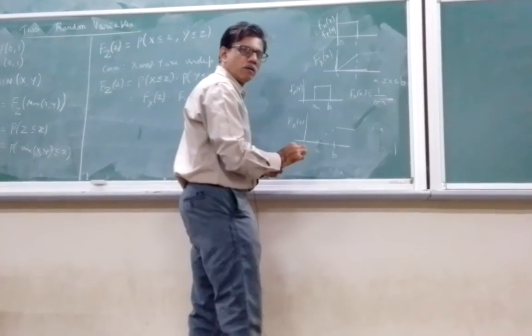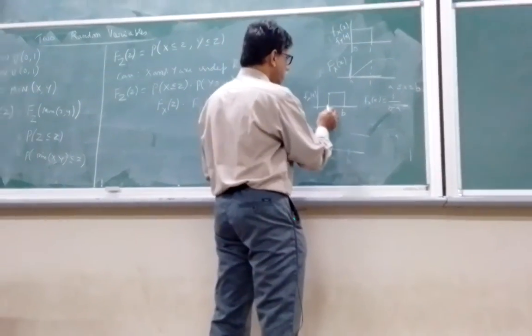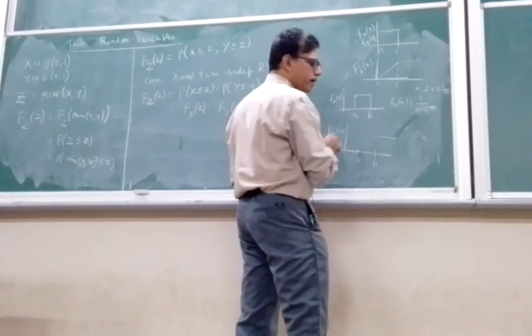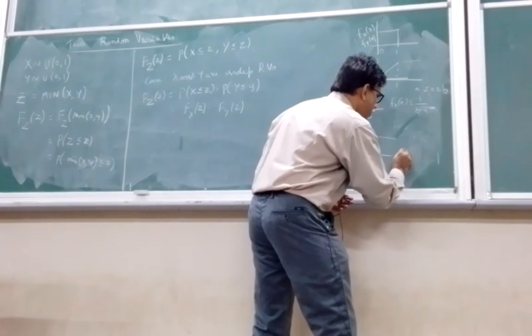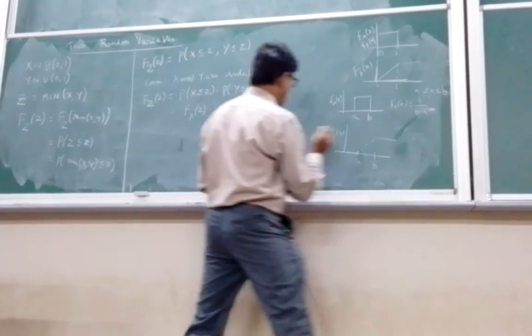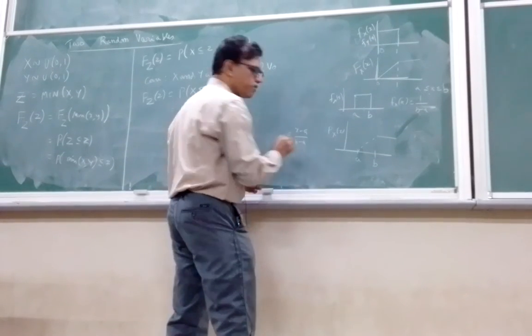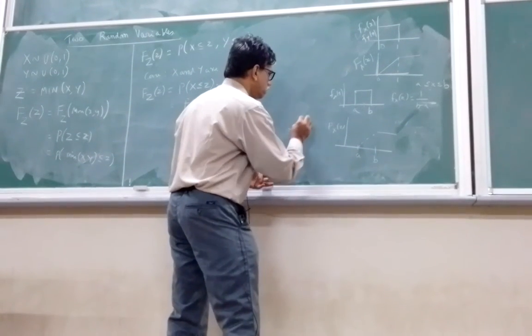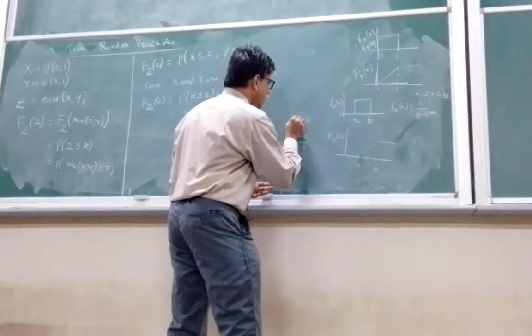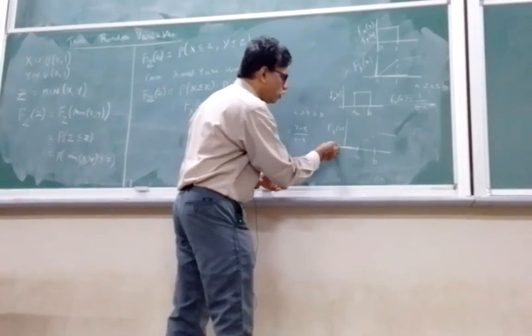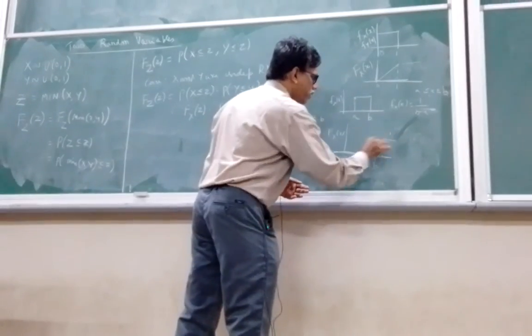So in between, how will it be? We have to integrate it till any given x. That will be given by (x minus a) by (b minus a) for x lying between a and b. It will of course be 0 in these places, 1 in these places.